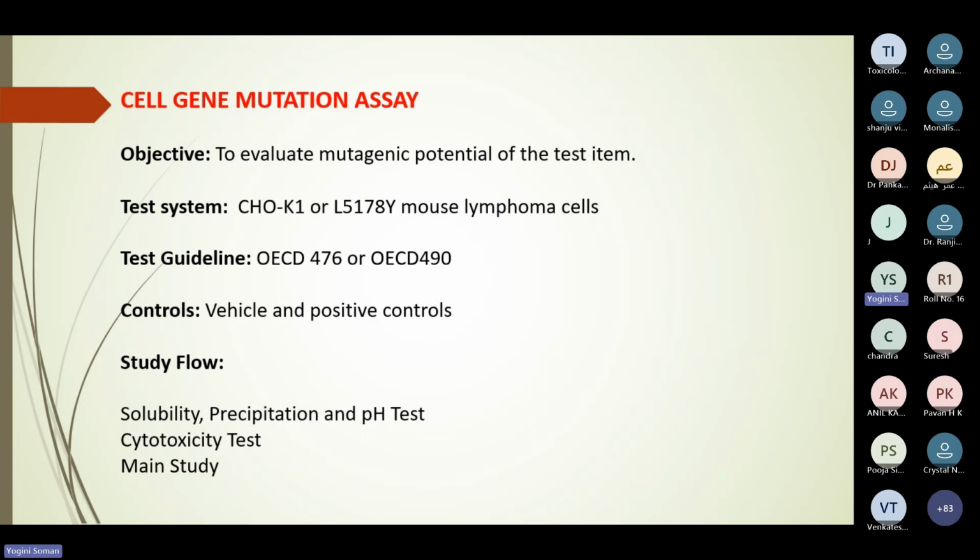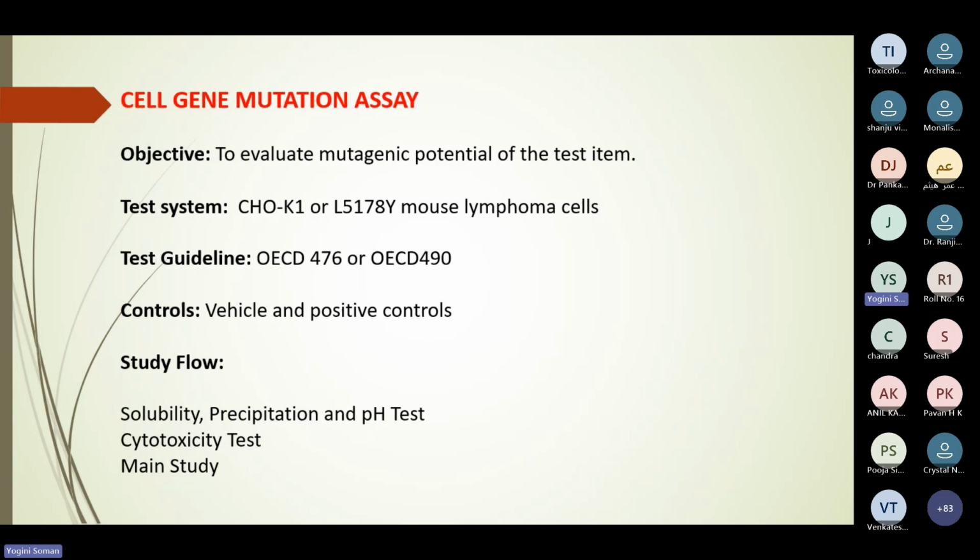The next part is the cell gene mutation assay. The objective of the cell gene mutation assay is to detect the mutagenic potential of the test item. You can conduct the gene mutation assay using OECD 476, with the CHO-K1 cell line and the HPRT gene.